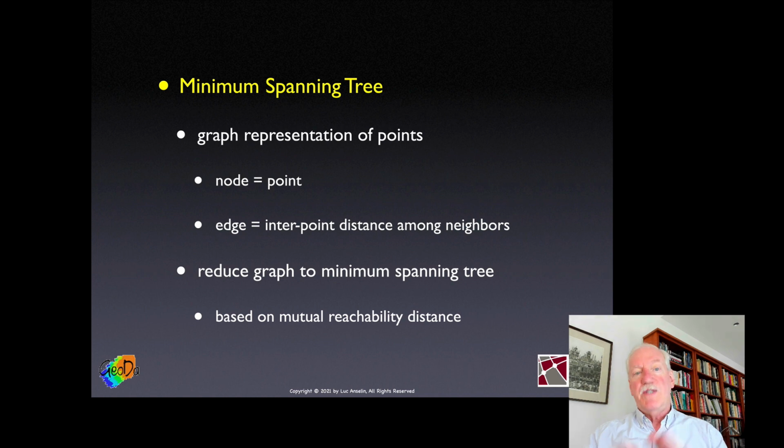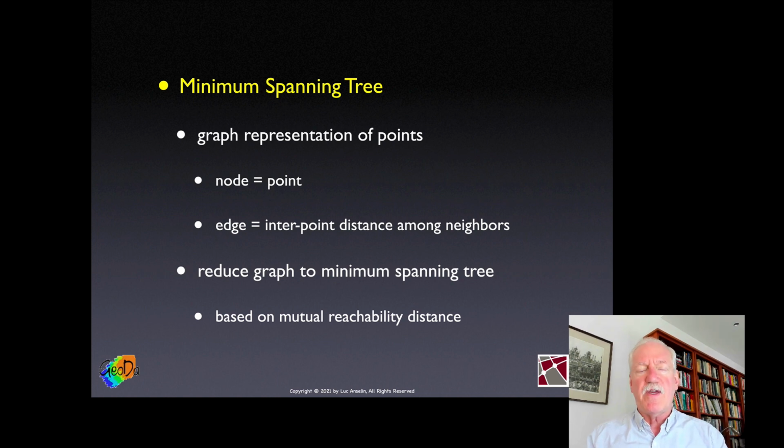And then we take this graph, which has many points connected to many other points, and reduce it to a minimum spanning tree. And a minimum spanning tree is a graph where one can pass through each point just once. It connects all the points with a path that goes through each point just once.